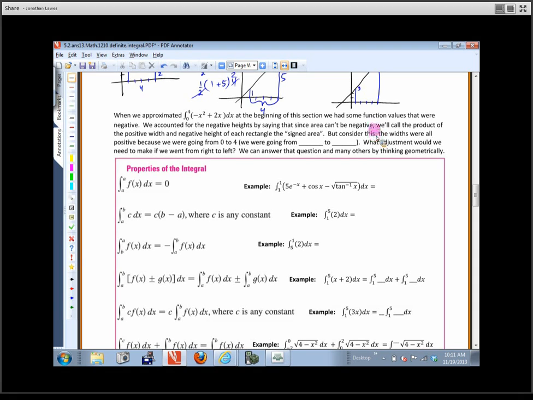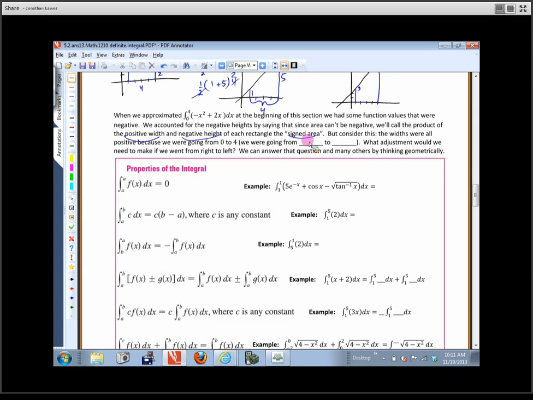And the way we accounted for that is we said the negative heights, well, since area can't be negative, we called the product of the positive width, because we were going from left to right, in a positive direction, so we had positive widths, and a negative height, we just called that the signed area. So even though the product was negative, we kind of just said, well, the negative means it's below the x-axis, but the number actually means the area of that particular rectangle. So we called that the signed area.